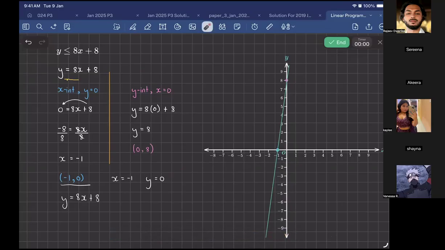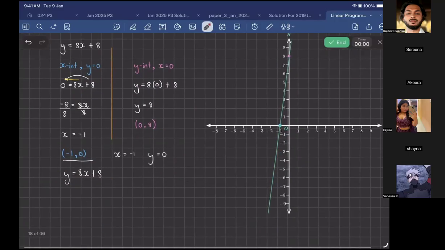Remember, if we're talking about the x-intercept, y is 0 and x is -1. If I'm talking about the y-intercept, x is 0 and y is 8. So clearly what I'm saying is that -1, 0, which is this point, is on the line itself. You seeing that?